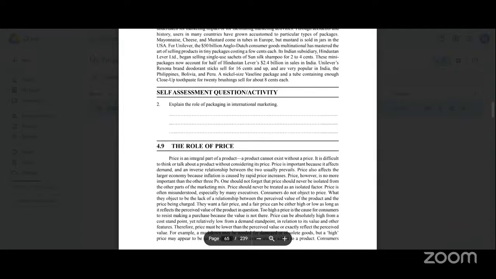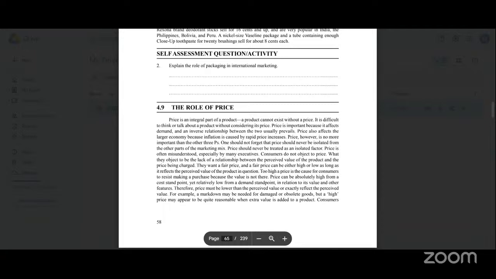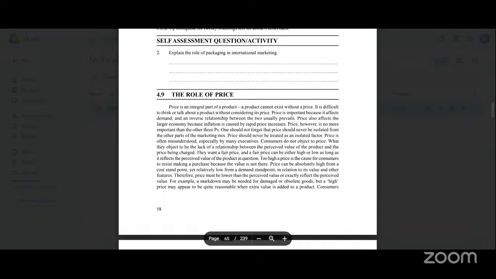It can be like a tube as well, but it allows for multiple uses. A small tube of Close Up toothpaste allows for multiple uses. It's not like a one time use and throw.